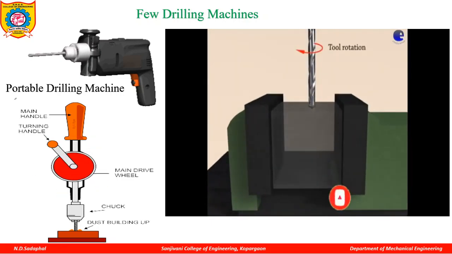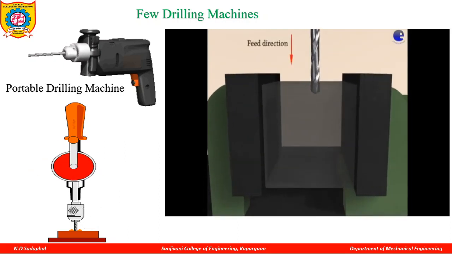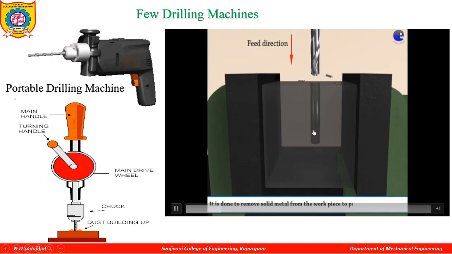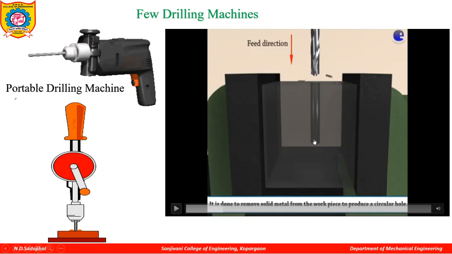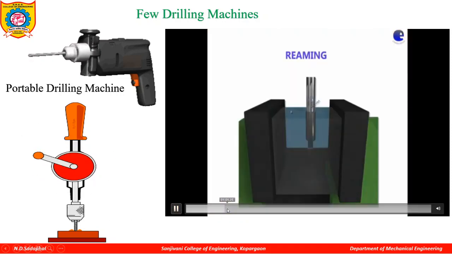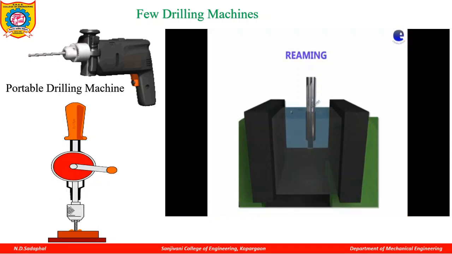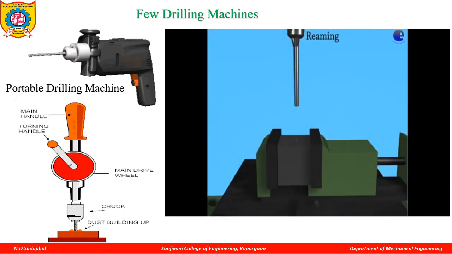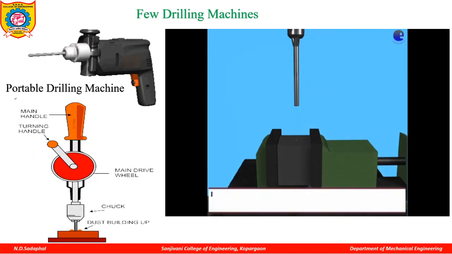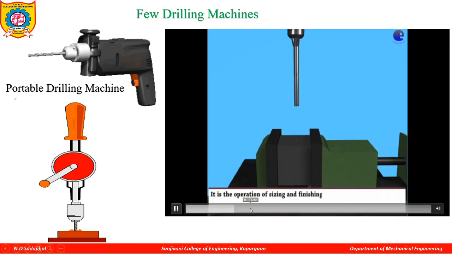Then you have to use the reamer, and the operation is called reaming. So first drilling is done, this much hole is drilled. Now we have to finish the hole from inside, so the reamer is used. The reamer will go inside. In the reaming operation, a very minute amount of material is removed, and a high surface finish hole will be the output of the process.